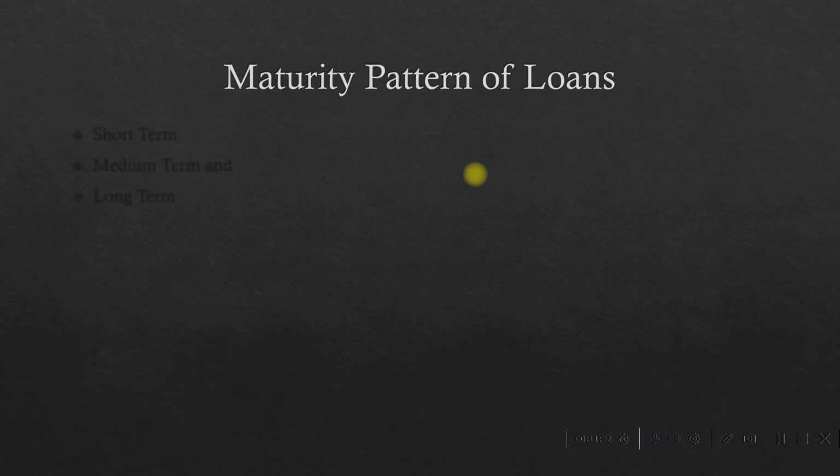And next is the maturity pattern of loans. Now there are three classes of loans offered by the central government and state government. Maturity-wise, they are short term, medium term, and long term. Short-term loans are for a period of 1 to 5 years, medium-term loans are for a period of 5 to 10 years, and long-term loans are for a period beyond 10 years.